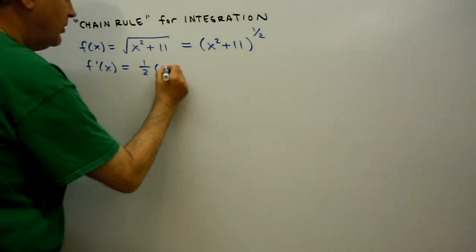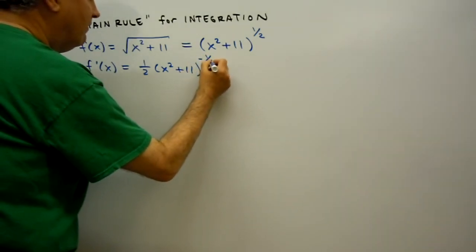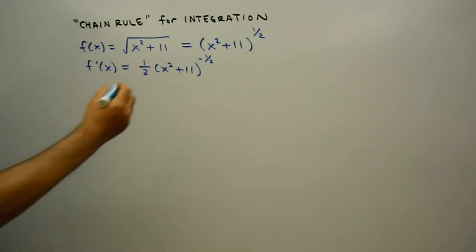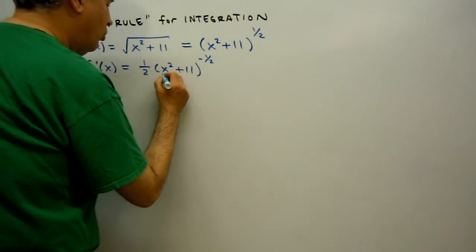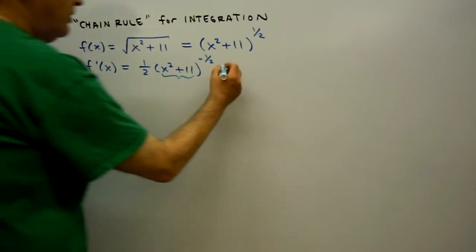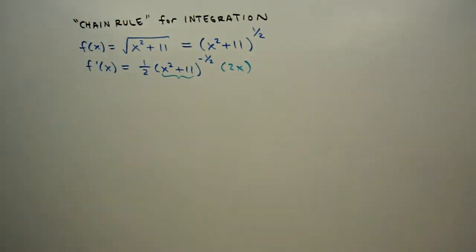1/2 x squared plus 11 to the negative 1/2 power, and then we had to multiply by the derivative of the inside, where the derivative of the x squared plus 11 would be 2x.